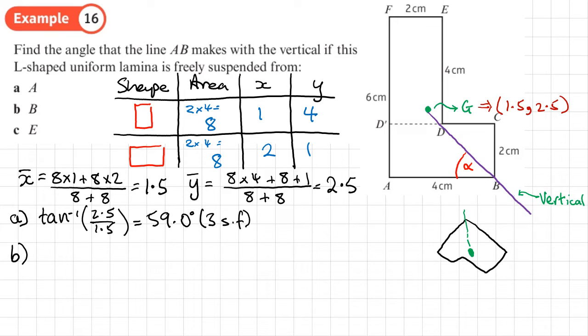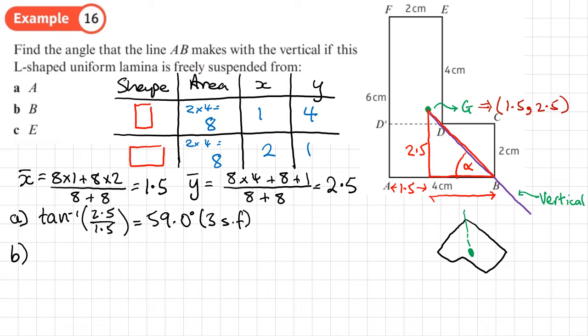So we'll draw our triangle on, and then we'll need to work out the lengths so we can work out what that angle is. Okay, so we know that this side is 2.5 because it goes up to 2.5. So I'll put that on there, 2.5. We just need to take a little bit of care with the bottom length here, because we know that it's 1.5 on this side up to here, and we want to know this one.